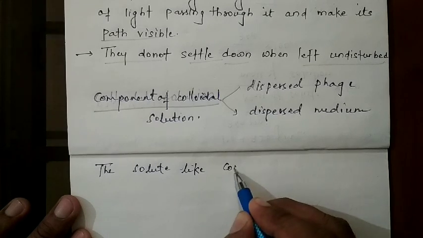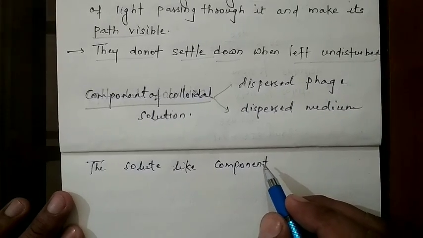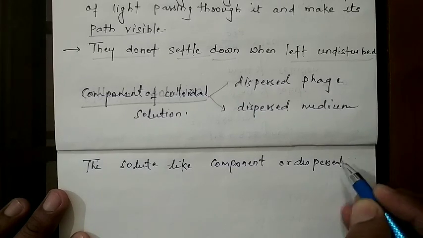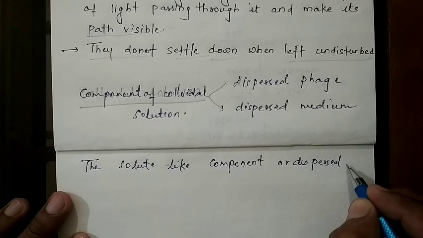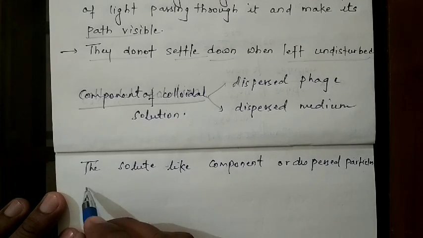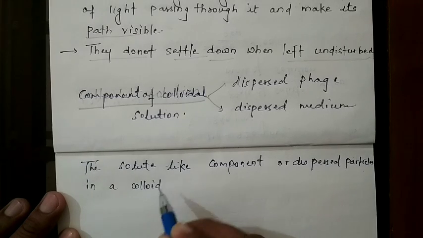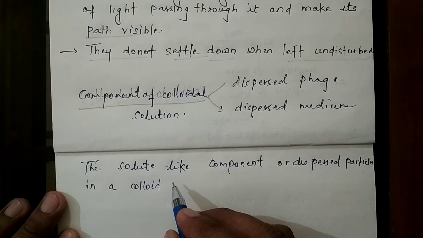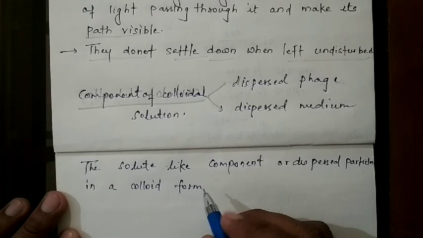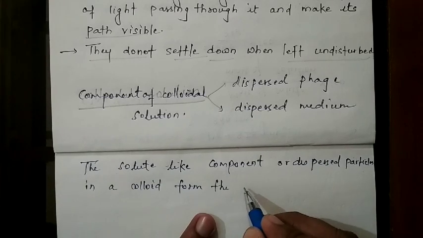The solute-like component, or the dispersed particles in a colloid form, is the dispersed phase.